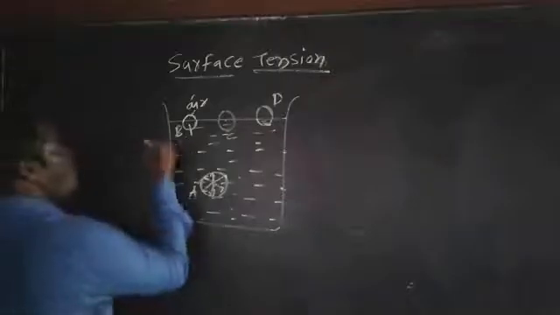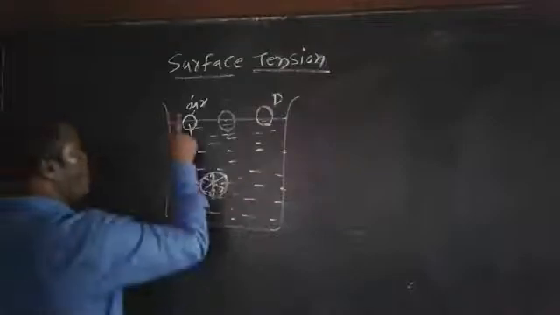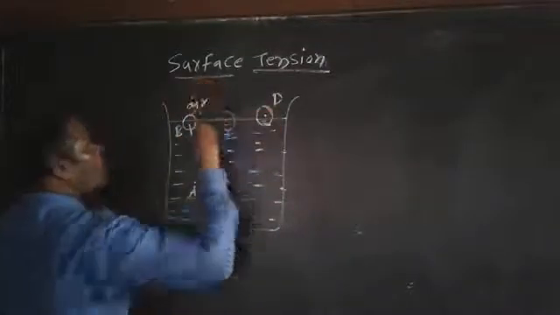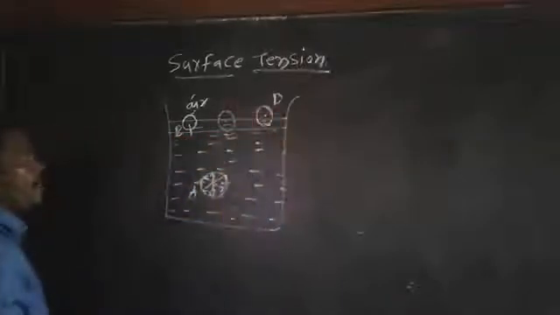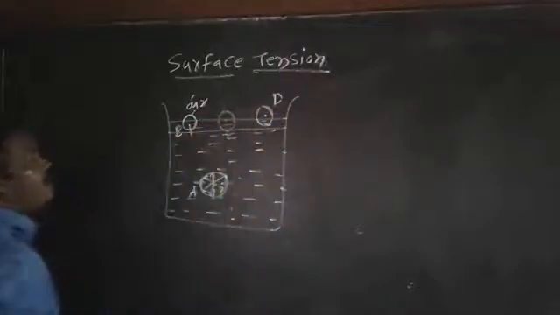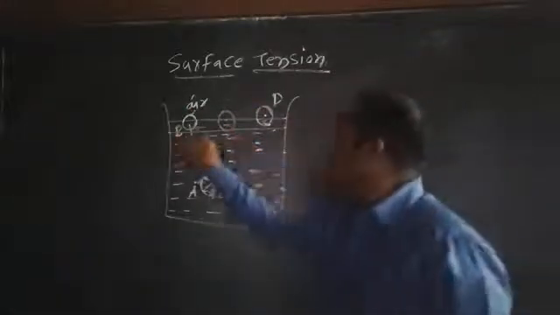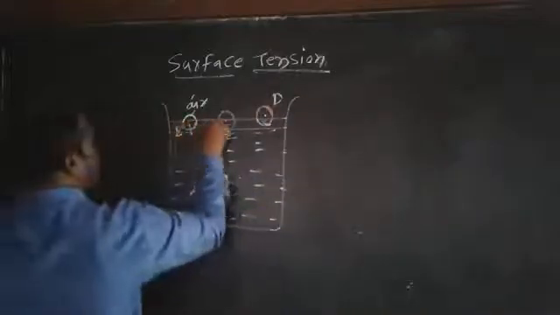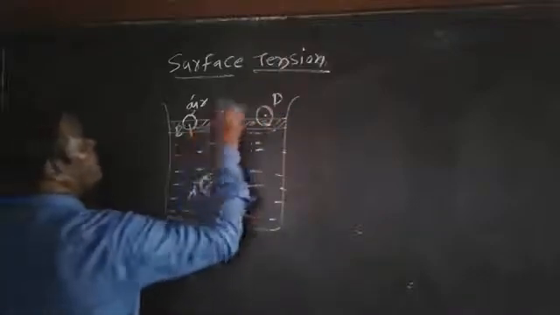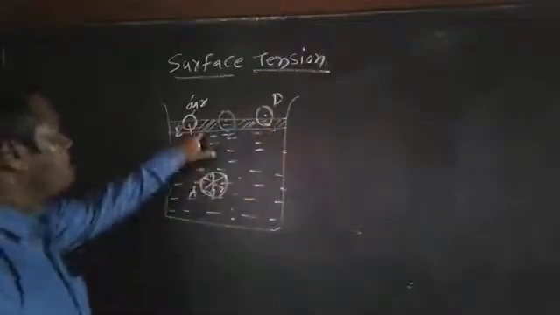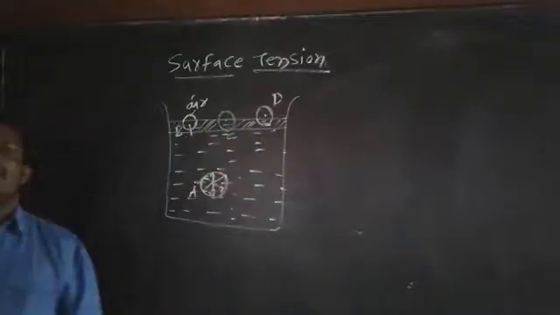So the molecules lying on this liquid surface, say molecule B, molecule C or molecule D, behave like a stretched membrane. This portion is called the surface film and it acts like a stretched membrane, like elastic rubber.